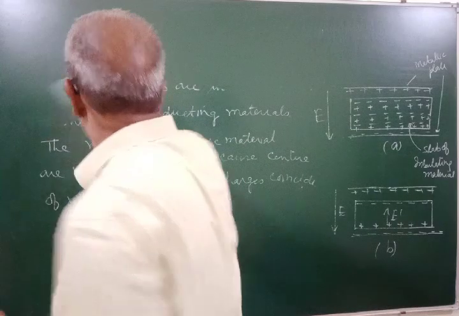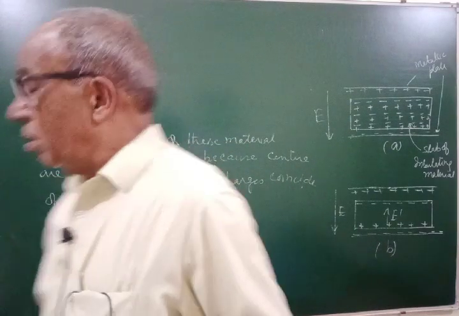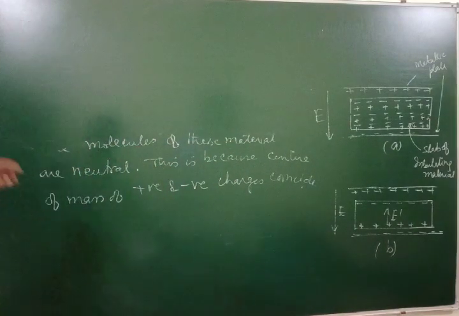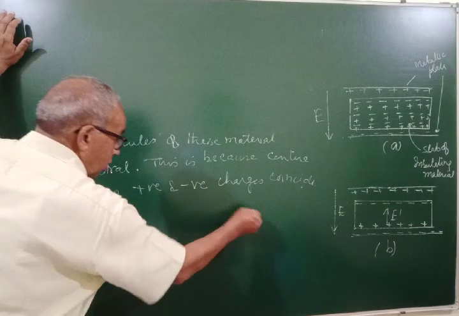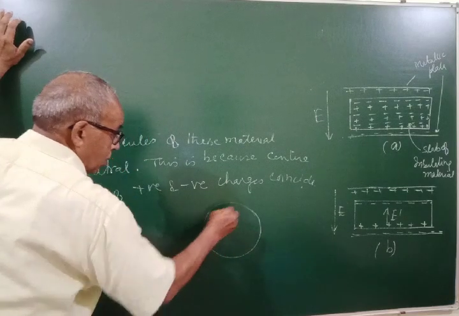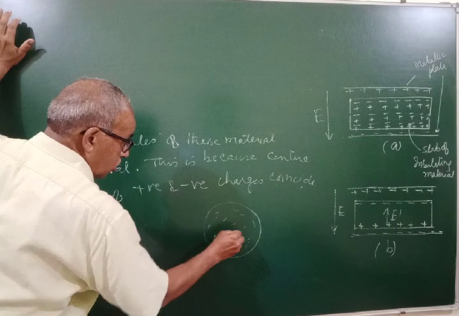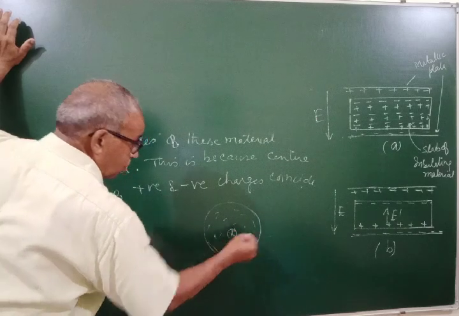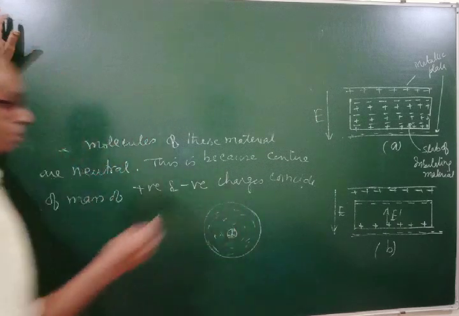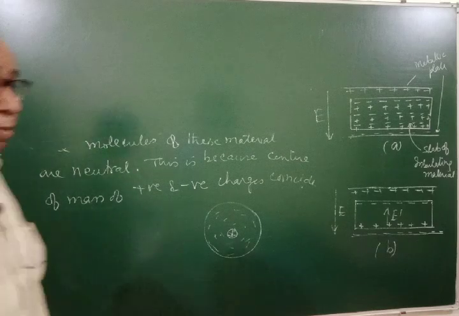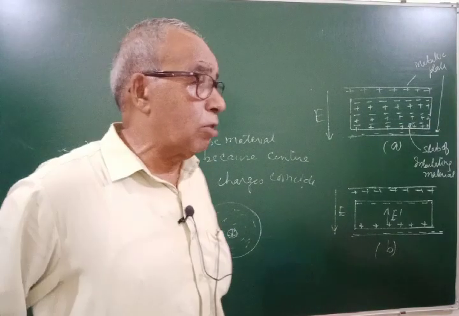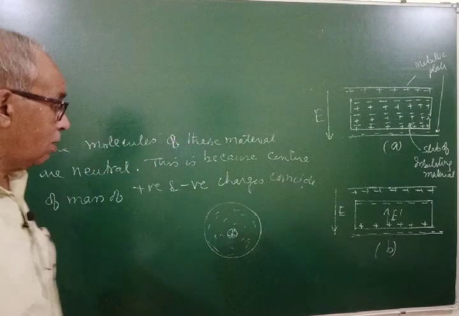But when we apply an electric field, see, this is our molecule, and the electrons have negative charge. They are distributed in such a manner that the positive and negative charges lie at one point, the center of mass of positive and negative charge.